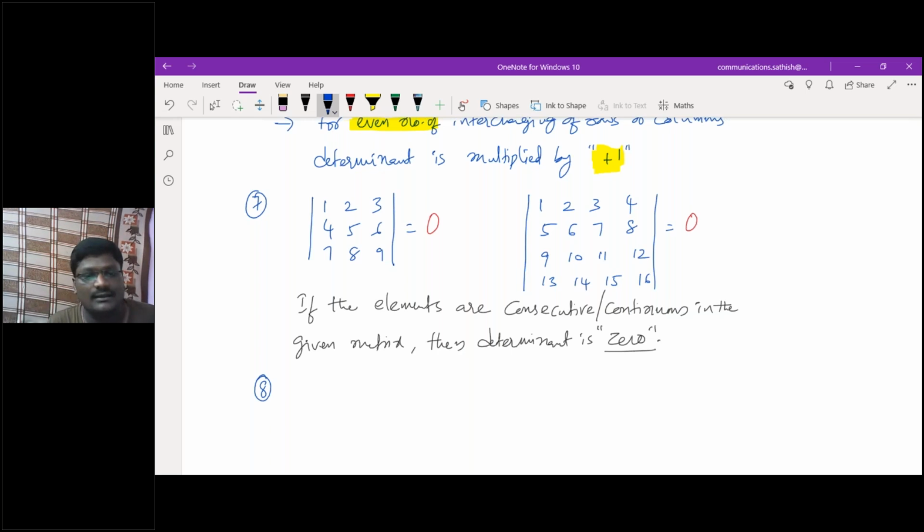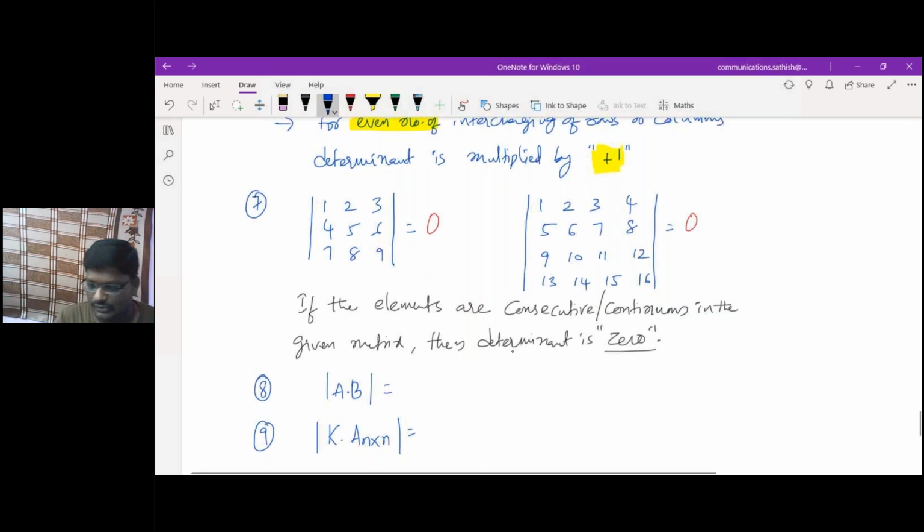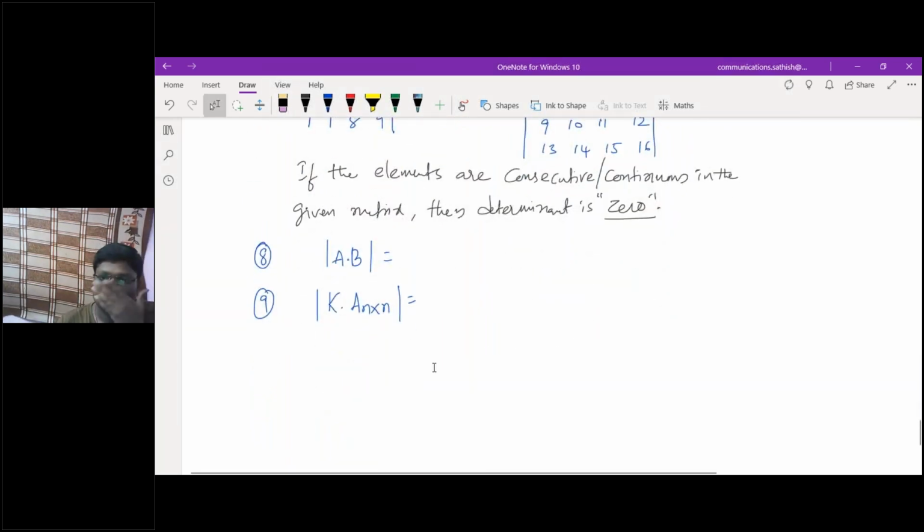Next point. Simple criteria, ma. You know these already. Can you tell me the determinant of A into B? And the determinant of K into A, which is an n by n square matrix? Maybe you studied those in your academics also. Can you give me the answers?